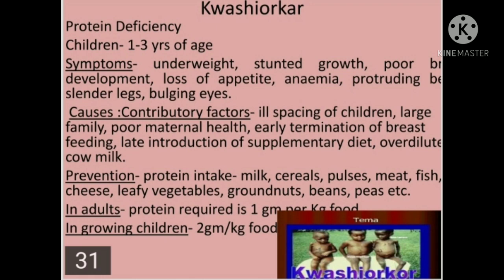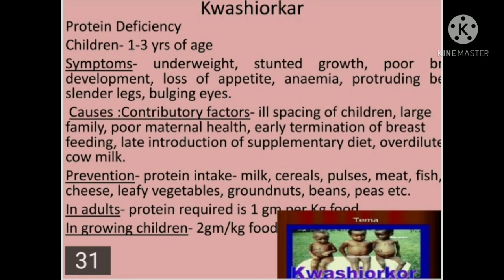Then coming to prevention, how it is prevented. Protein intake like milk, cereals, all the dals, pulses, meat, fish, cheese, leafy vegetables, groundnut, beans, etc. All this should be given properly.